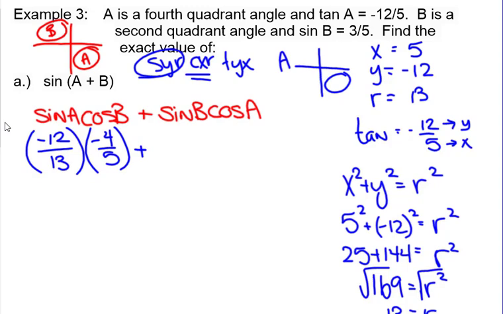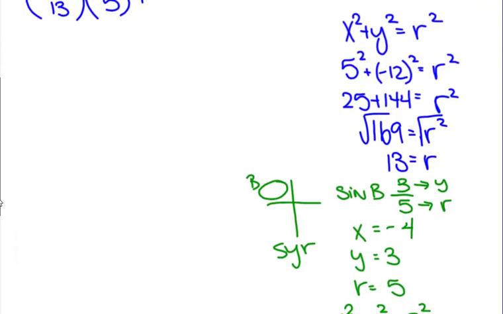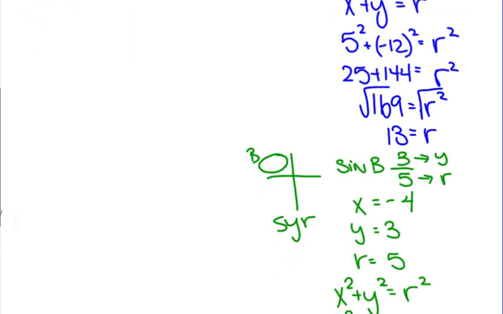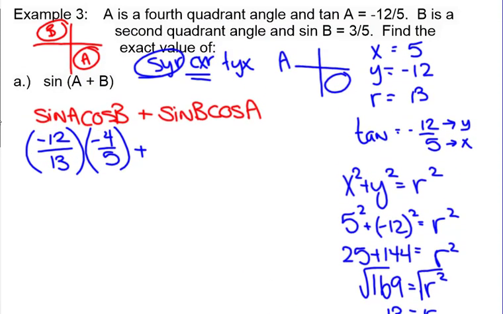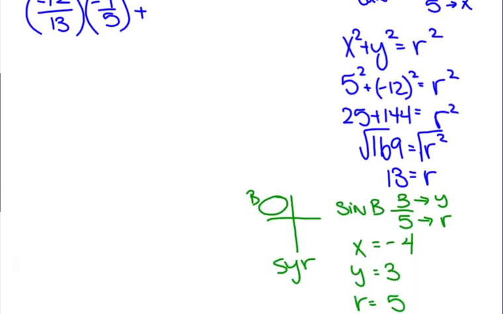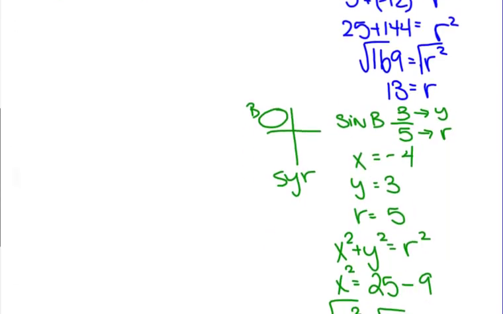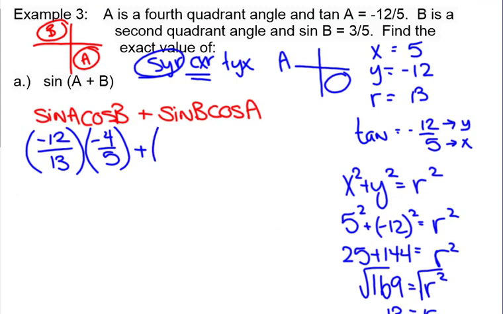Plus sine of B, well, sine of B is going to be y over r, so 3 over 5. And cos of A, cos is going to be x over r, so 5 over 13.